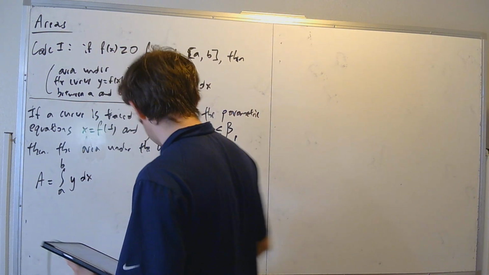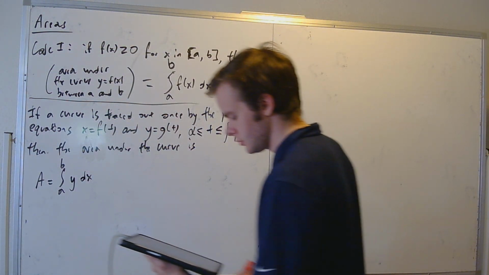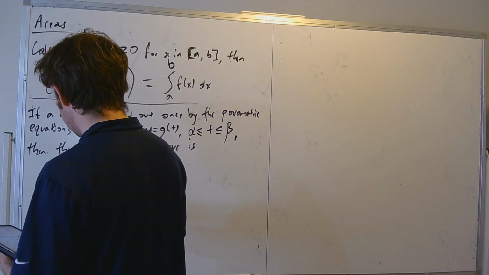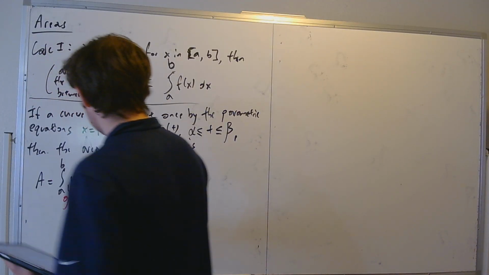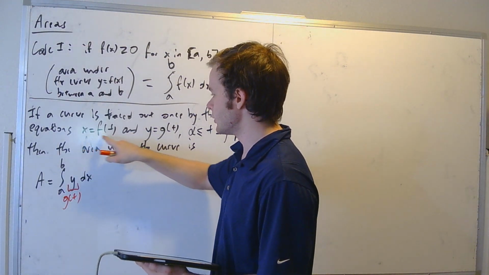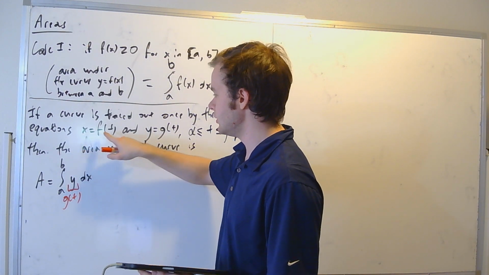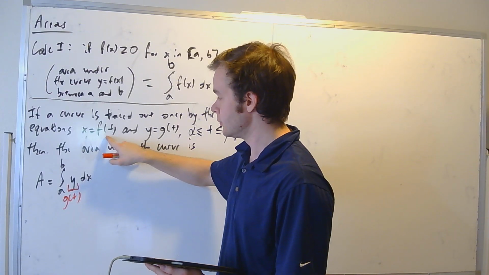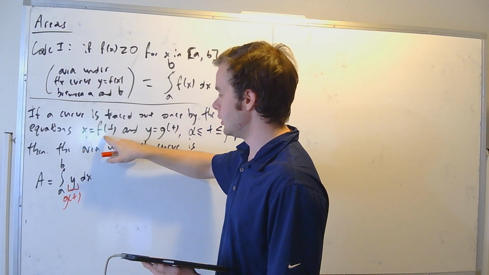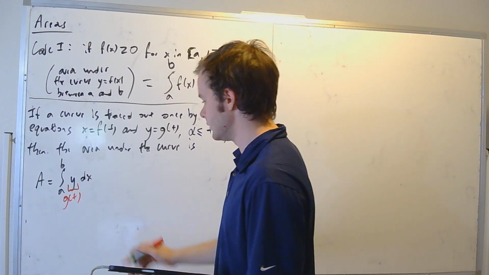Right, so we said here that y is equal to g of t. And now if you take the derivative of both sides, we get dx by dt is f prime of t. And then we move the dt to the other side. So dx is f prime of t times dt.